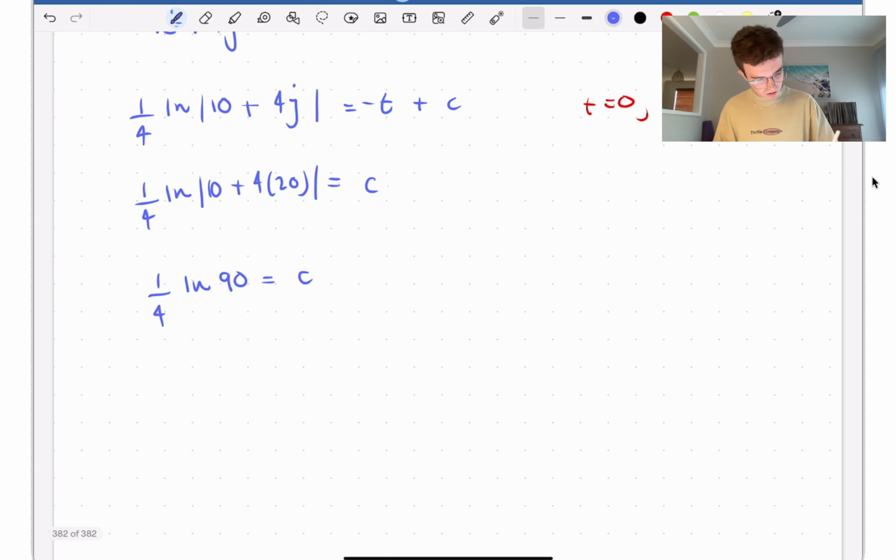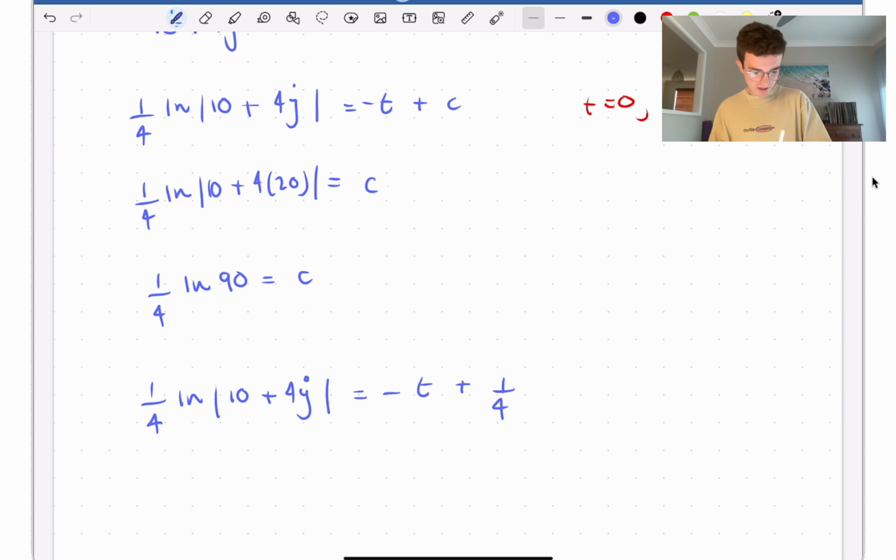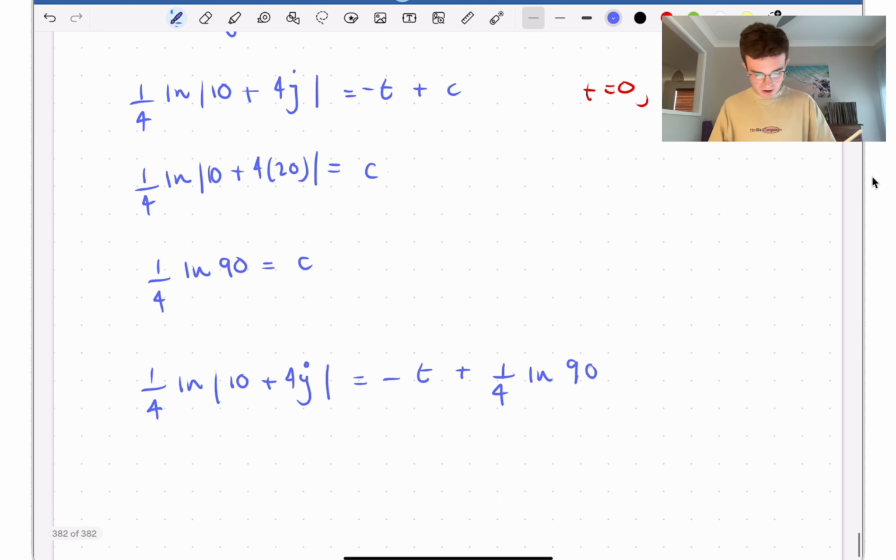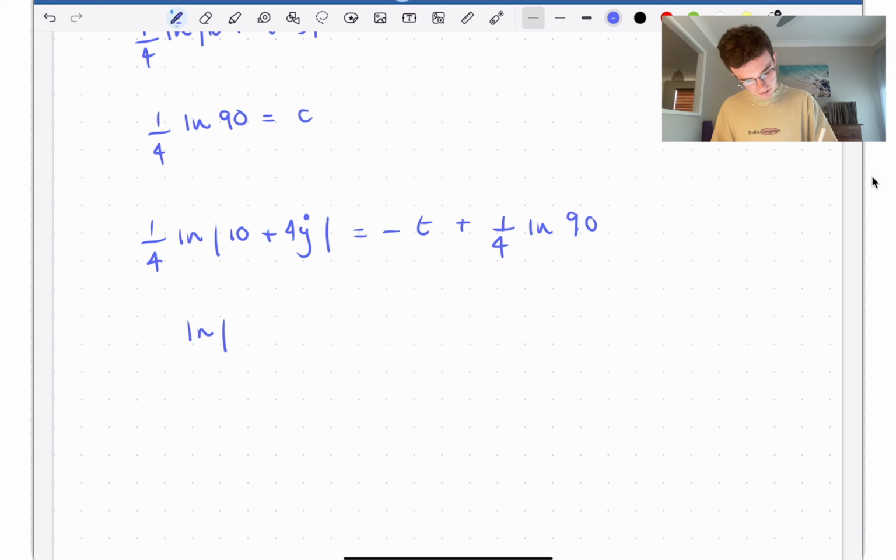So therefore 1 on 4 ln of 10 plus 4y dot equals minus t plus 1 on 4 ln of 90. Multiply everything by 4. Got ln of 10 plus 4y dot equals minus 4t plus ln of 90. Raise everything to the e.